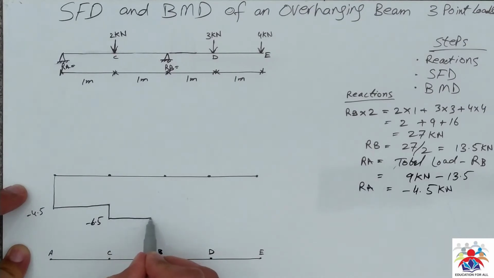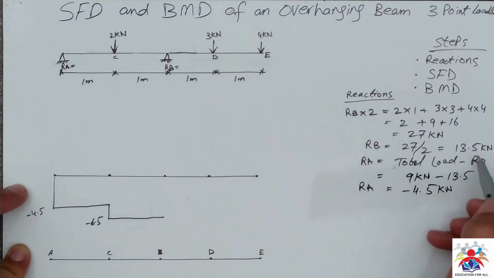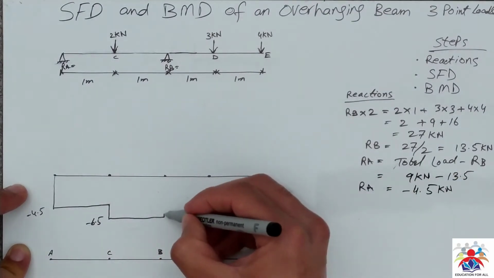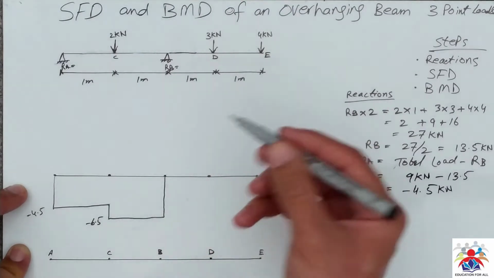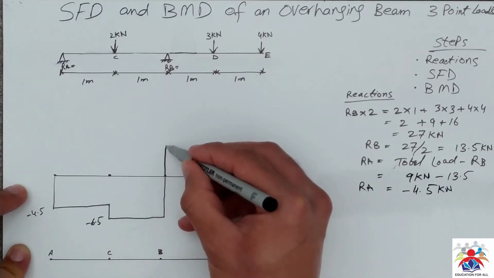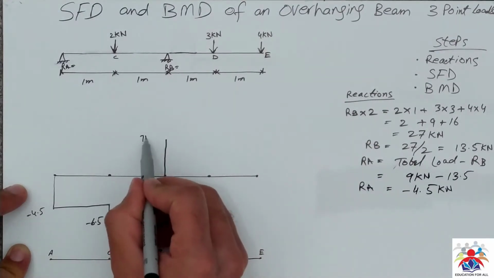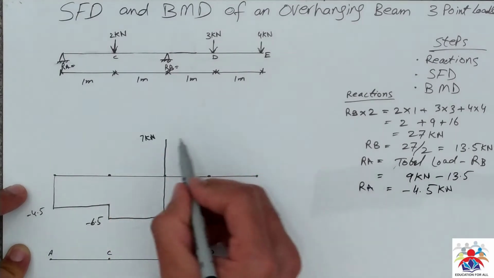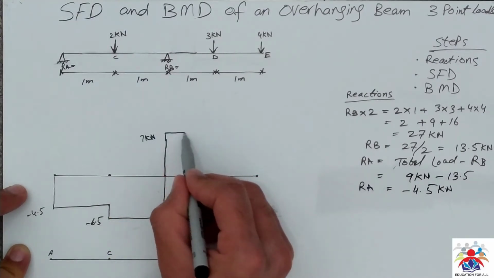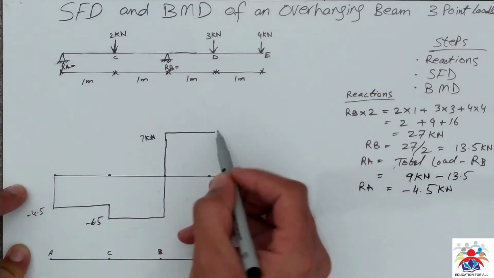We will go to point B. At point B we have 13.5, so we will go up by 6.5 and then again go up by 7 kilonewton. Then we have to move to point D.